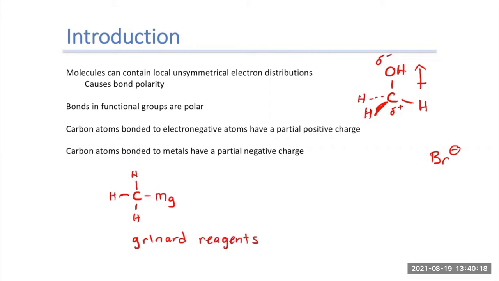But in a Grignard reagent, since that carbon is bonded to a metal, the carbon's actually partially negative and the metal has a partial positive. So depending on what our carbon atom is bonded to, it can have a partial positive charge if it's bonded to an electronegative atom. If it's bonded to a metal, it tends to have a partial negative charge. So it's this unequal distribution of electrons in the molecule that allows us to do polar reactions.